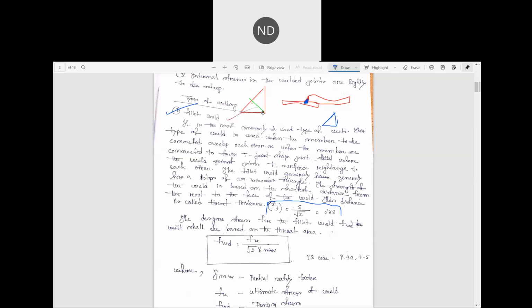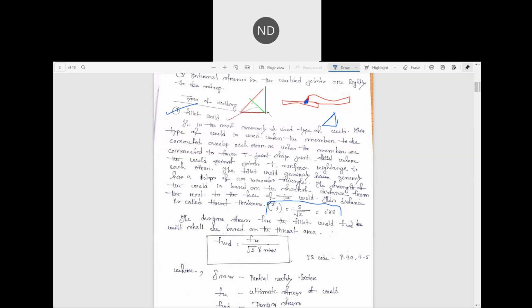This is the shortest distance, because when you measure from the root of the weld to the face, from here to this point, it is longer, and as you go from the root to this end, the distance is becoming longer and longer, right? So this is your shortest distance, and your strength will depend upon this.